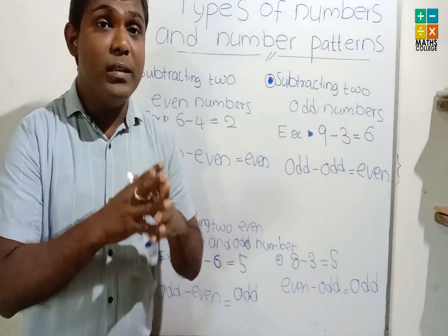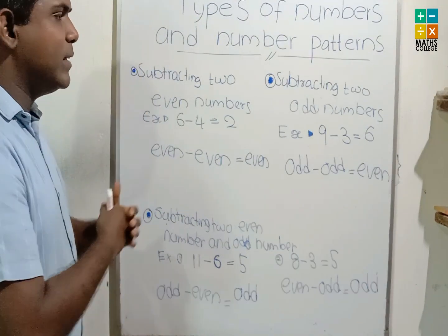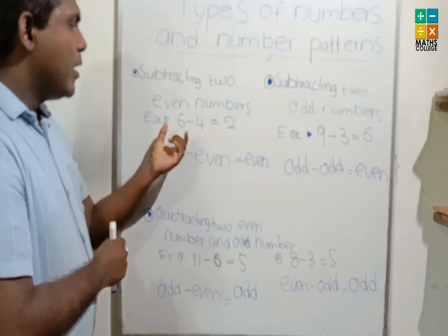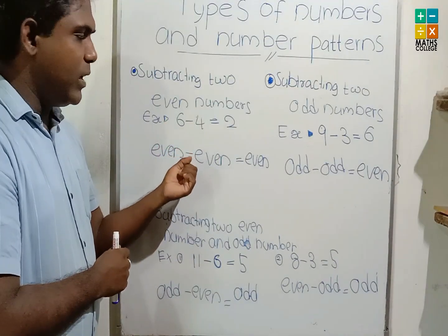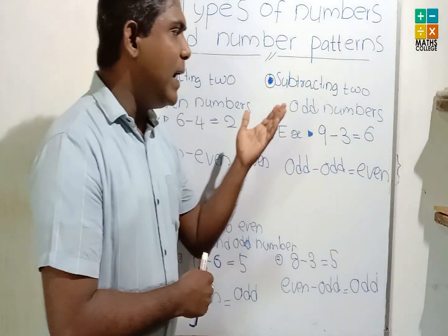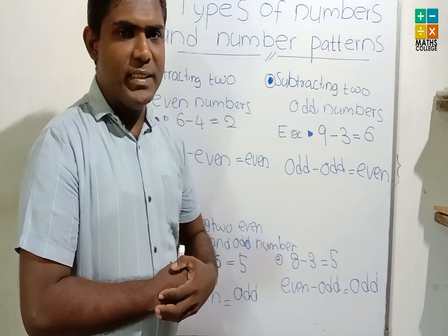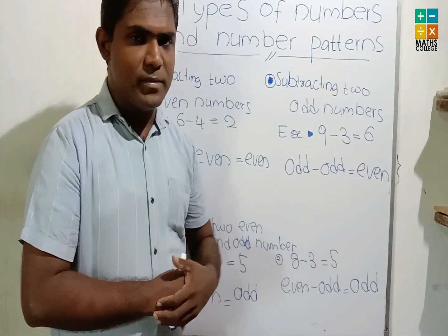Now you can reach a conclusion. What happened here? When adding and subtracting with even numbers only, the answer is also even. Then adding and subtracting two odd numbers, the answer should be even.